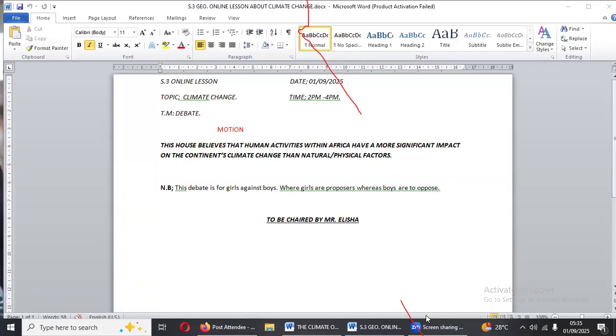The human activity is burning fossil fuels. Burning fossil fuels such as coal, oil, and natural gas releases carbon dioxide and other greenhouse gases into the atmosphere. This contributes to global warming and climate change.